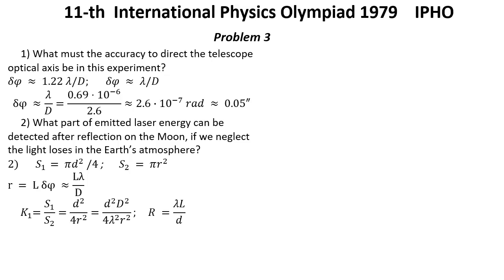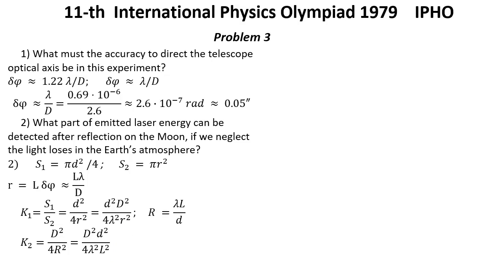And again we have big R equal lambda multiplied by L over D, as small r is much less than big R. That's why the part K2 of the reflected energy which got into the telescope makes K2 equal big D squared over 4 big R squared, which is this expression.